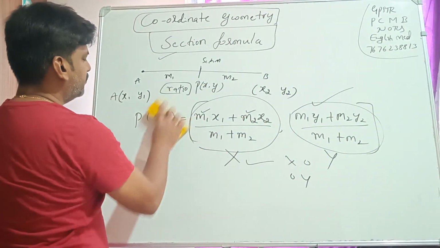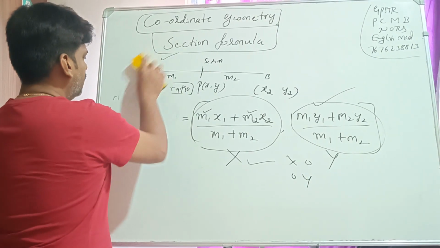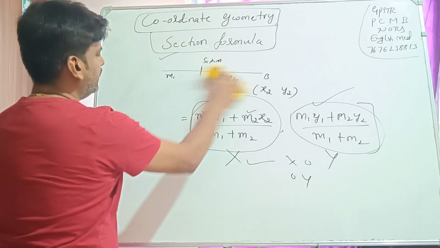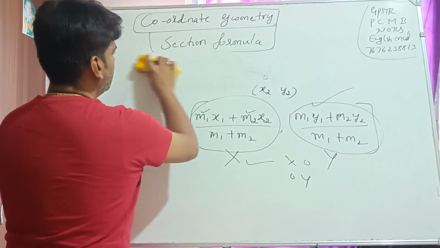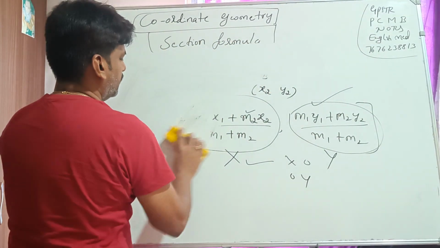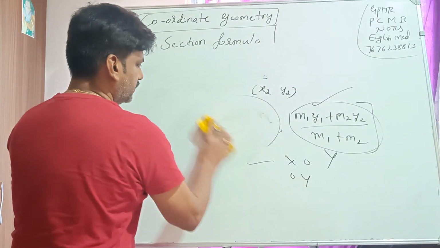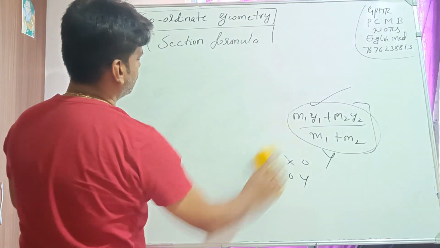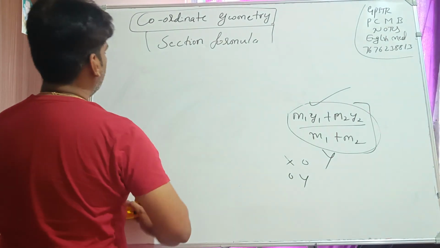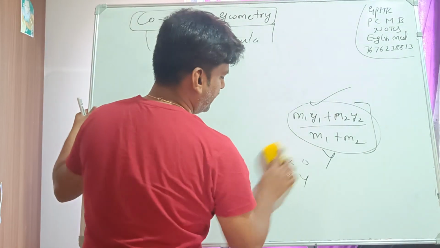So based on this we will solve the problem so that you will understand, and how exactly this appeared in the main exam also we will see, right? I hope you are following the class. In the previous class we went through coordinate geometry, in which we took the distance formula.